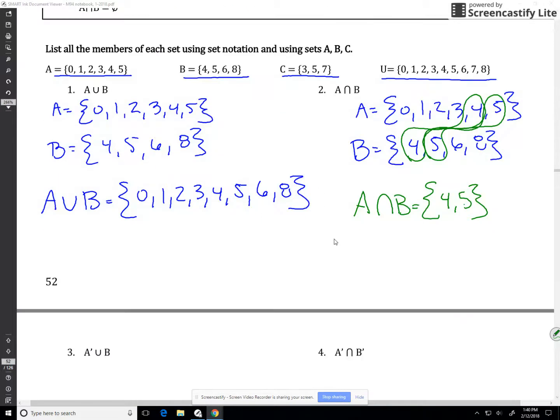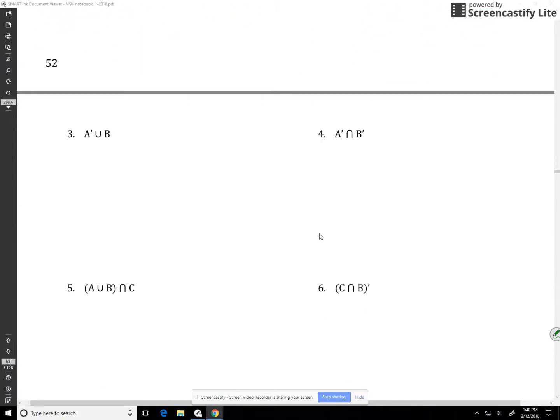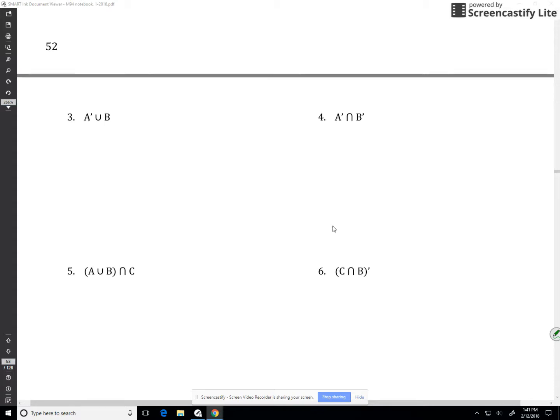If we go to our next page, we've got some more examples here. But now we're starting to use the other notation that we've already used, like the complement. So you can see in number 3, this is A complement union B. So before I can even answer A complement union B, I first need to identify what is A complement.